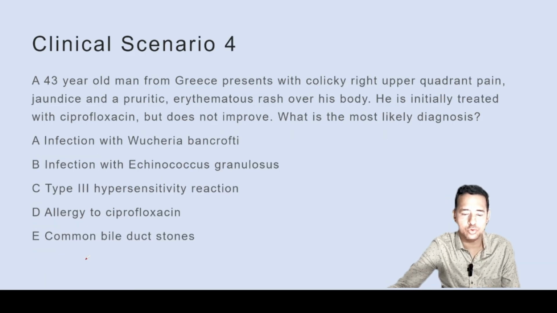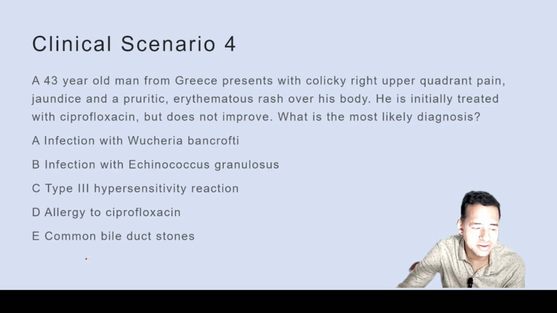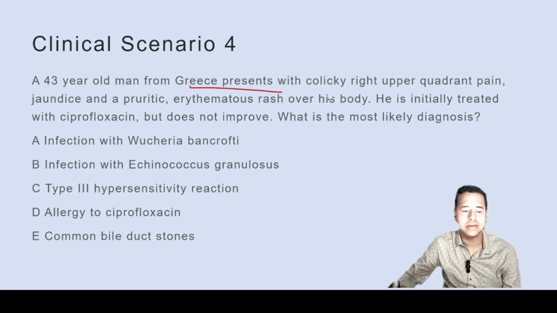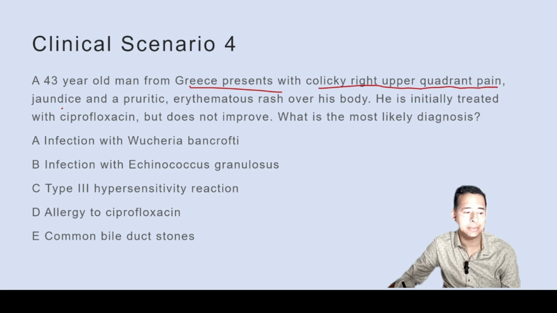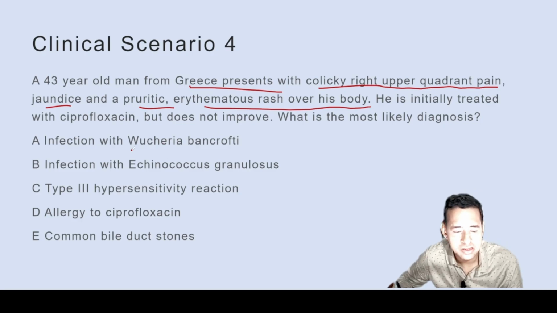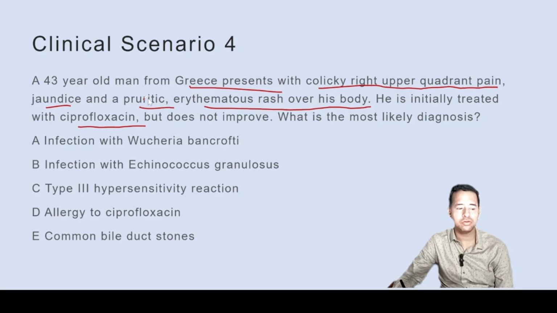Clinical scenario 4. A 43-year-old man from Greece presents with colicky right upper quadrant pain, jaundice, and a pruritic erythematous rash over his body. He is initially treated with ciprofloxacin but doesn't improve. What is the most likely diagnosis?